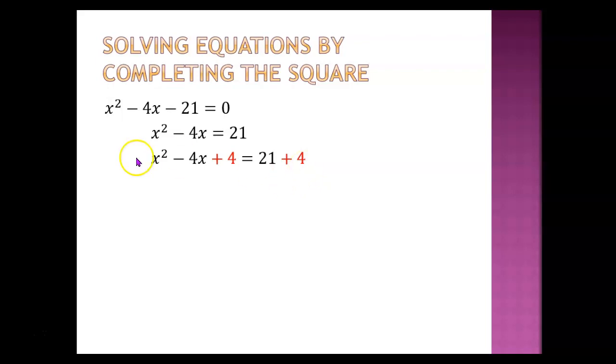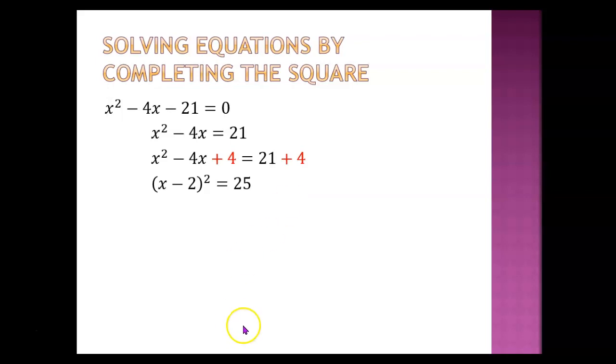So what that gives me is, over here we have x squared minus 4x plus 4, which is x minus 2 squared. And on the other side, the 21 plus 4 is 25. So now we're back to the kind of situation we were talking about in the last video. X minus 2 squared equals 25. Something squared equals a number.